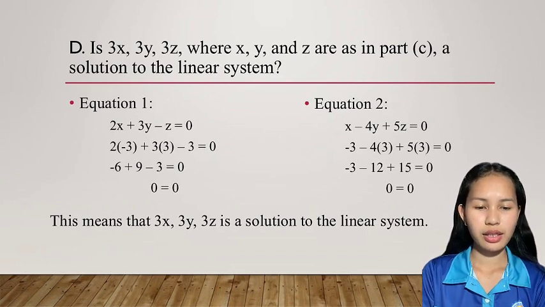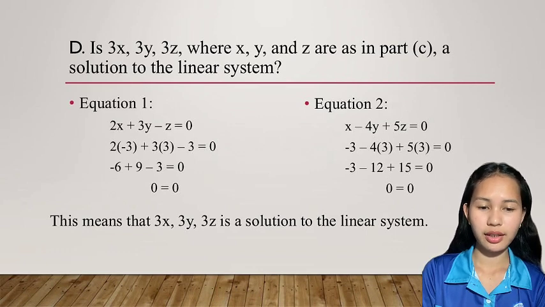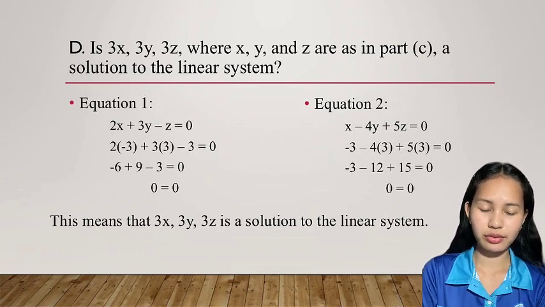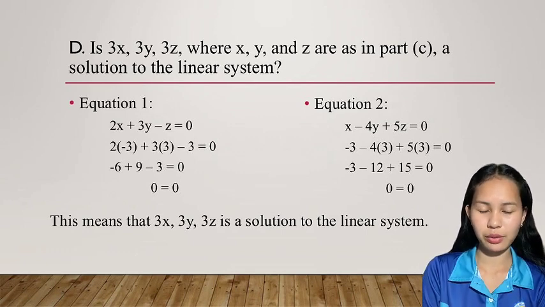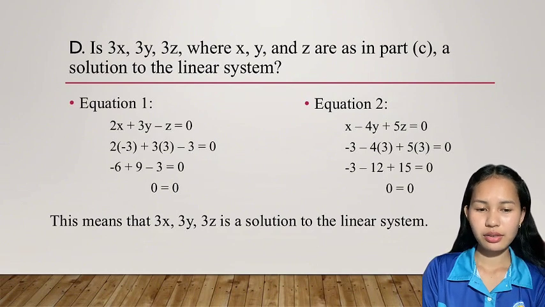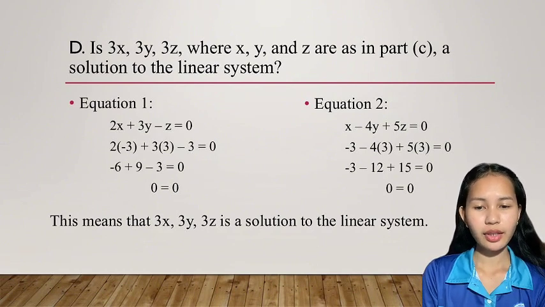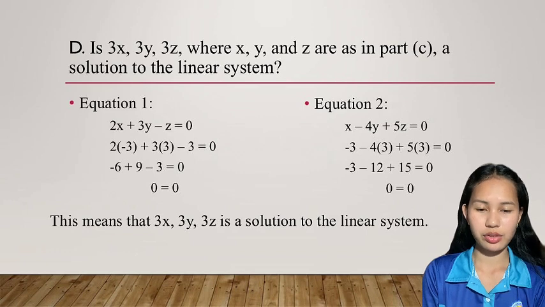So negative 3 minus 12, since negative 4 times 3 is negative 12, plus 5 times 3, that is 15, equals 0. So the answer is 0 equals 0, which means that negative 3, 3, and 3 are a solution of our second equation.